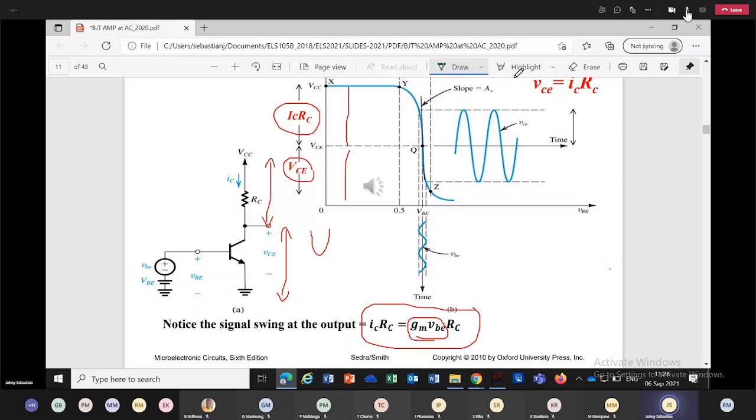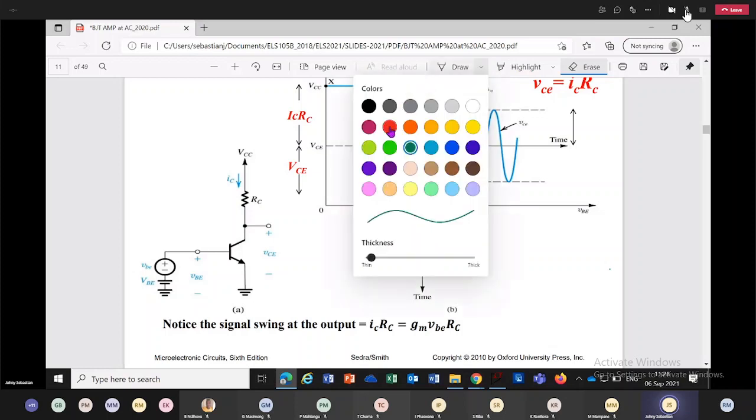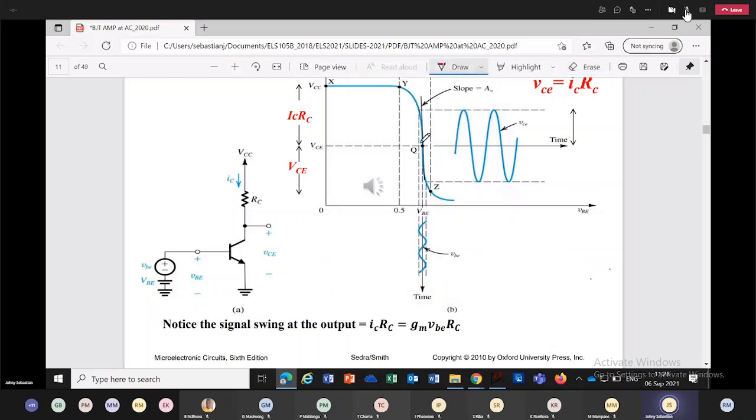The only thing that we did so far is change the value of RC. There is only one thing that I did. When RC is made from 2.7K, that was the original value, to 1K, your Q point became somewhere on that side.